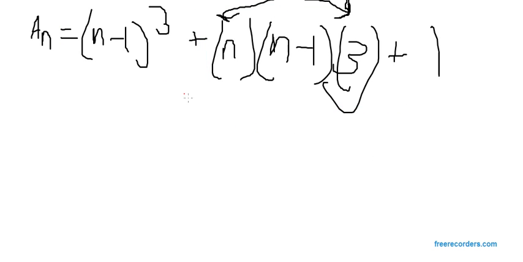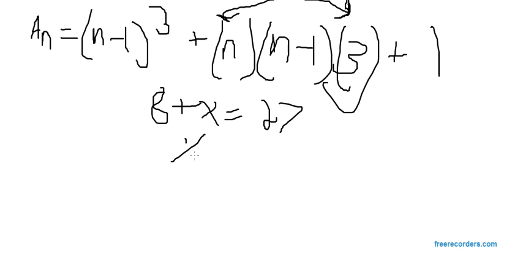So since this part is what you add to 8 to get to 27, it's the difference between 8 and 27. I just wrote it out: 8 plus x equals 27. What is the difference between 27 and 8? It's 19. You subtract the 8 from both sides. Algebra. Right? Okay.